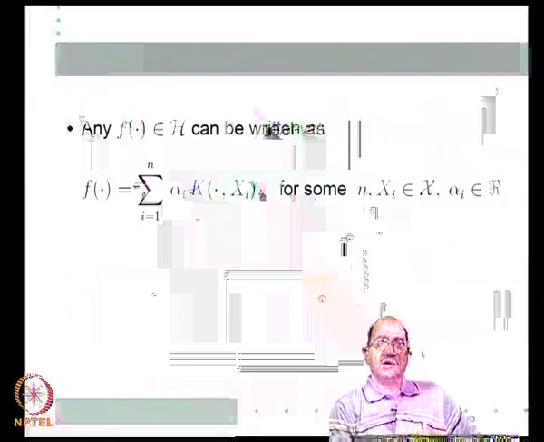So, any f in my script H can be written as the sum of alpha i K(., xi) for some n. So, it is a finite linear combination. We do not know how many terms there will be, but there will be some integer n such that there will be n terms in the linear combination.